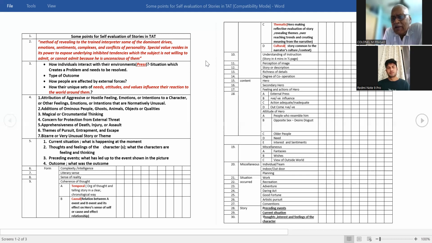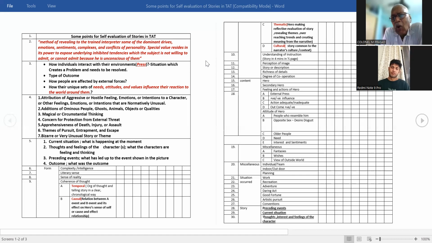These needs are placed in the environment, and that is what creates a situation. And every situation means there is a certain amount of problem. Otherwise, there will not be any situation.